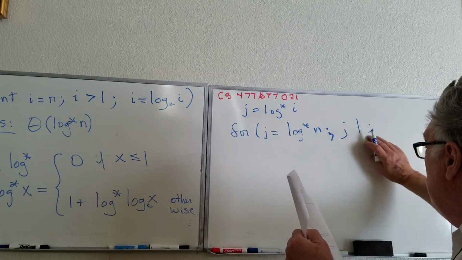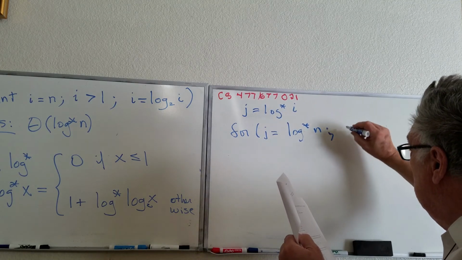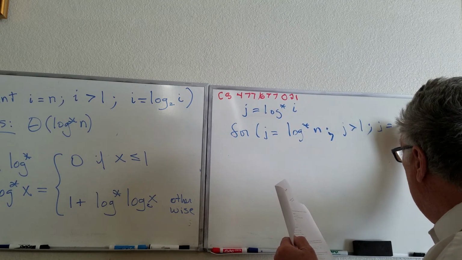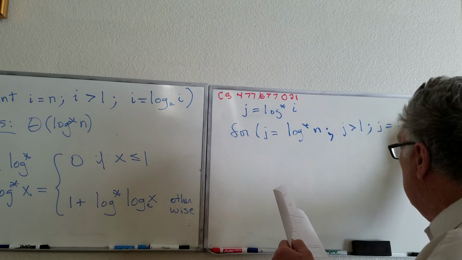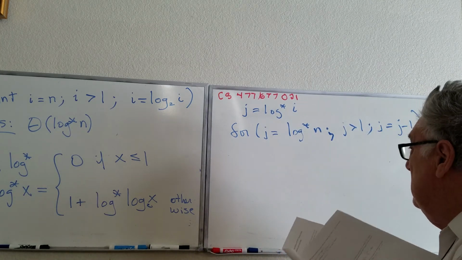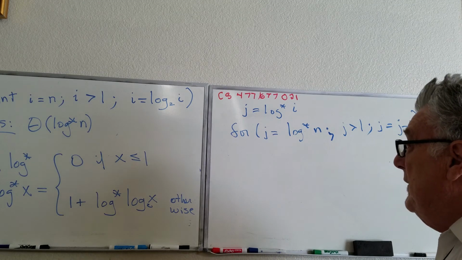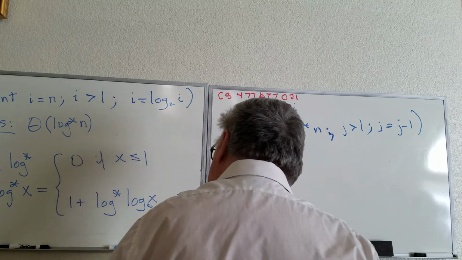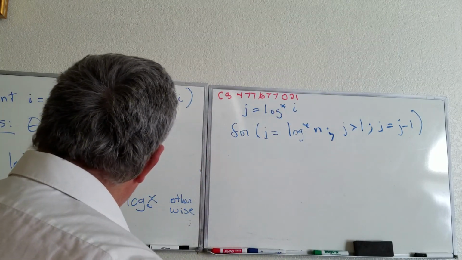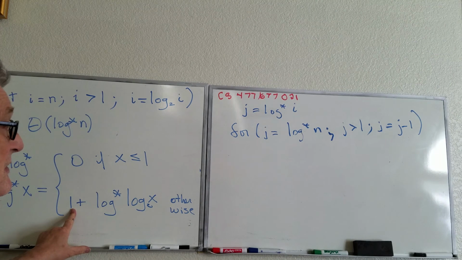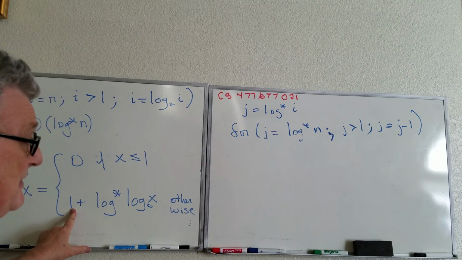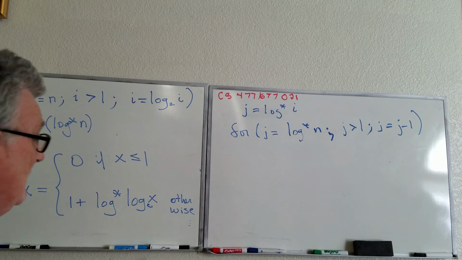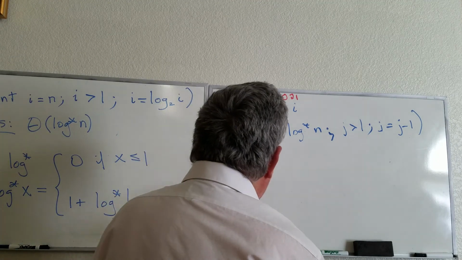And then j goes down, j equals j minus 1, because we're decreasing it every time. How is that possible? When I replace i by log base 2 of i, I use this formula to indicate that the value of j, which is log star i, decreases by 1 whenever I take the log. So this is, of course, log star.